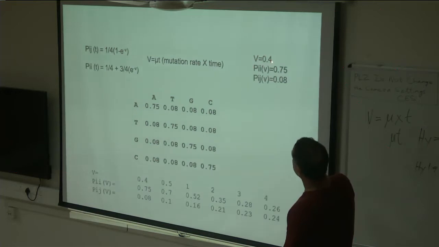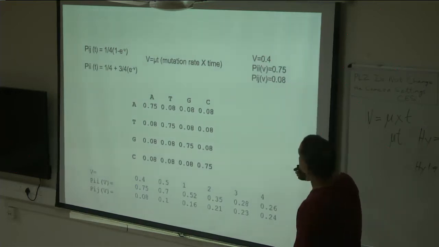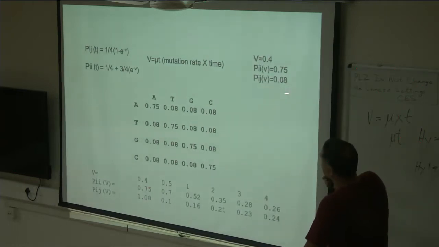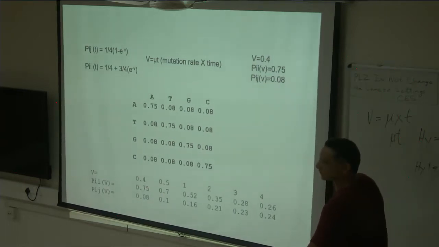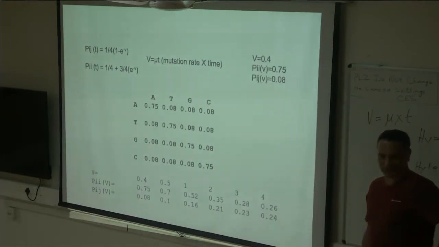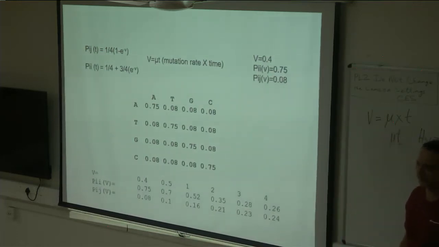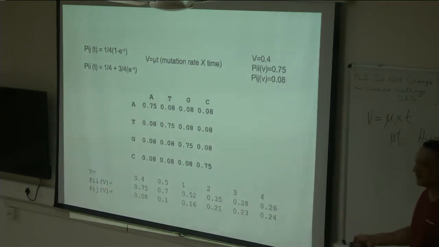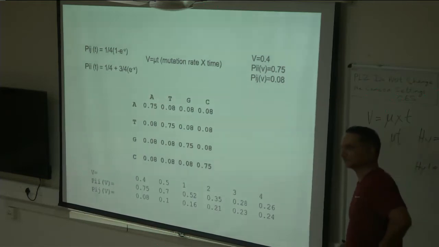For example, for branch length 0.4, Pii is 0.75, Pij is 0.08. And look at these numbers, and I want you to comment on it. As the branch length increases, what's happening to Pii and Pij?